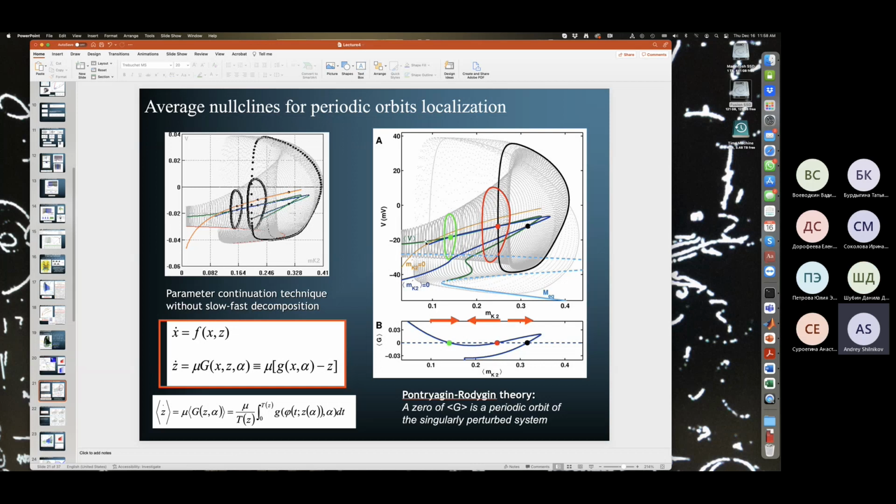Remember, I have these limit cycles found numerically, and what I've done is each limit cycle here, I plug it into this slow equation here, and then average over the period of the limit cycle. And for some parameter values that correspond to that position of this slow null line, what do I have? I have a slow equation that is driven by this function on the right-hand side. So no surprise, it has a tangency here. It's like a quadratic function, and because the surface bends back, this function is not really a function, because it's not one-to-one. But we don't consider the slow part, or we need it separately.